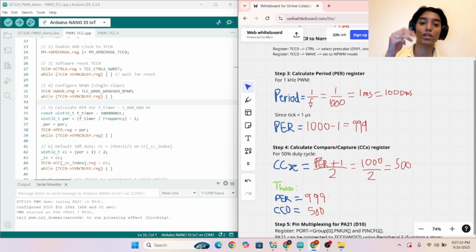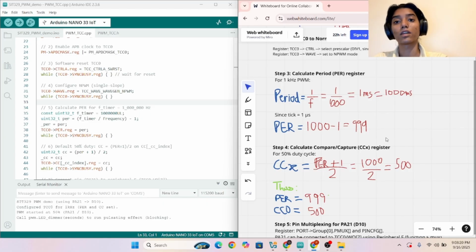The period is 1 over the frequency, so 1 over 1000 gives out 1 millisecond, which is ultimately 1000 microseconds. Since one tick takes about 1 microsecond, ultimately it would be 1000 minus 1 in order to get the pulse. So that's why we have the 99.